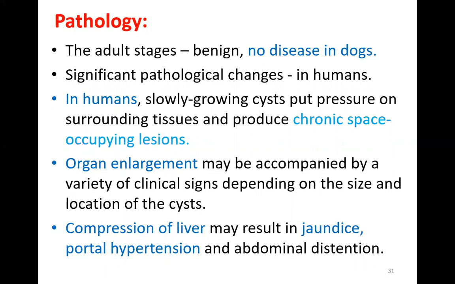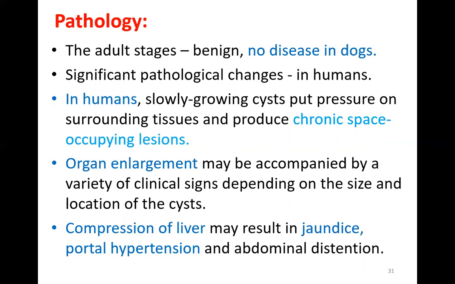In humans, slowly growing cysts put pressure on surrounding tissues and produce chronic space-occupying lesions. That is, chronic space-occupying lesions will be formed in involved organs, especially the liver, lung, brain, and other structures. There may be organ enlargement accompanied by a variety of clinical signs depending on the size and location of the cyst.